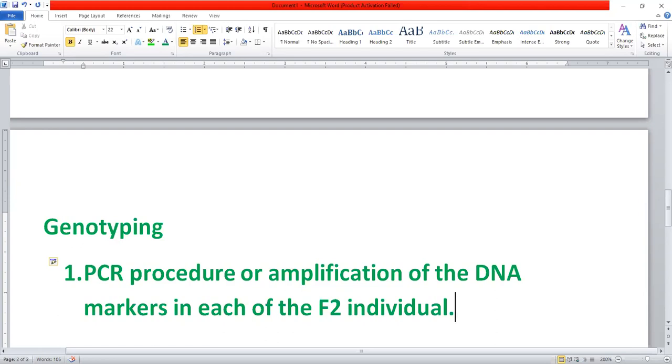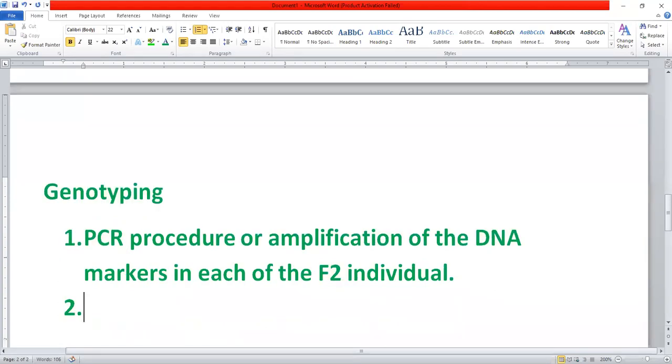So first is the PCR procedure, and second is the electrophoresis of the PCR products.